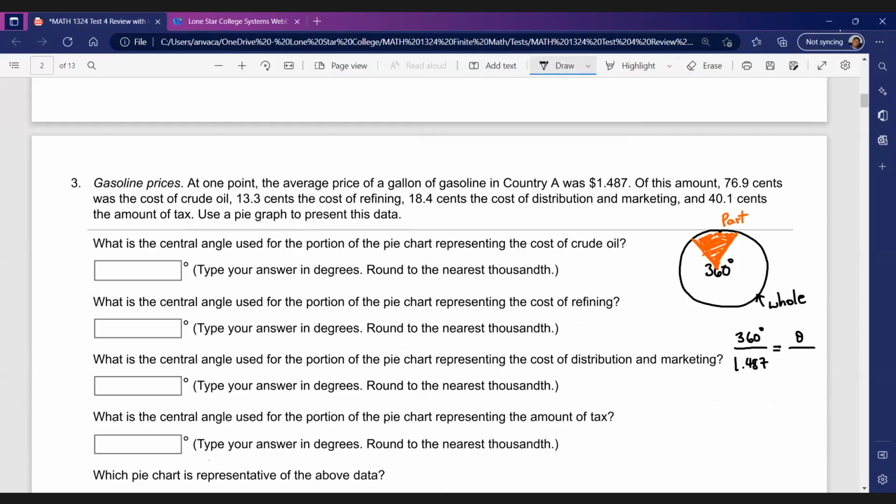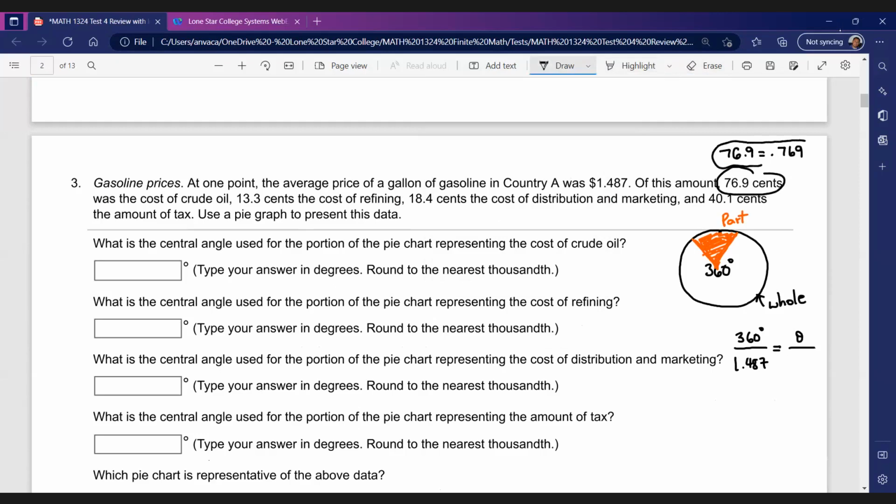It says that part of this amount, which happens to be crude oil, is 76.9 cents. 76.9 cents in dollars is 0.769.